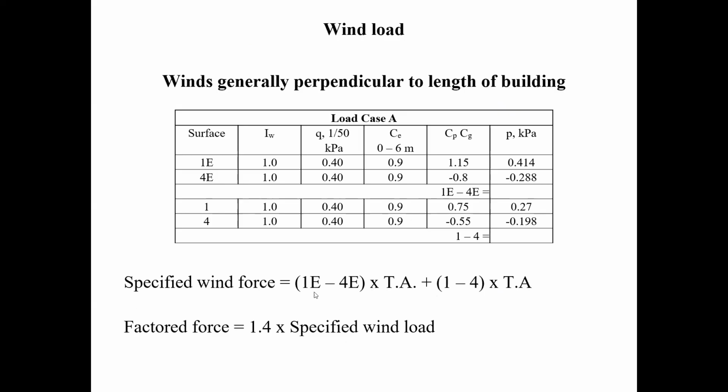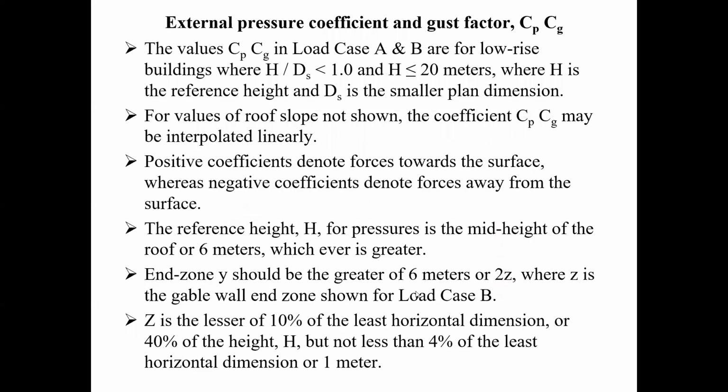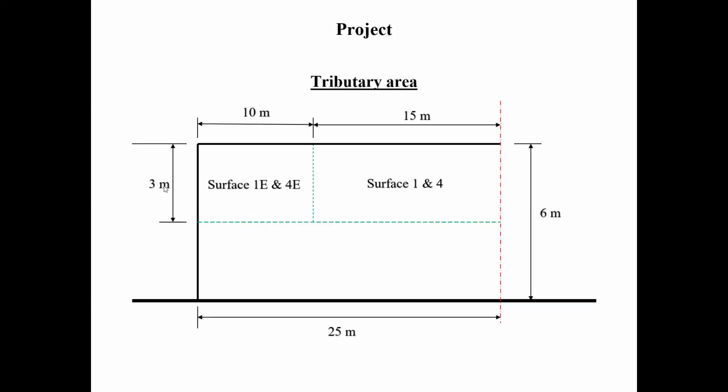Does anybody have a value here? So what was the other tributary width? Well, this one here, we have a surface area of 3 meters by 10 meters for the end or the edge of the building. I like to call it the end, but some people like to call it the edge. This is 30 square meters here, and this is 3 times 15. This is 45 here.